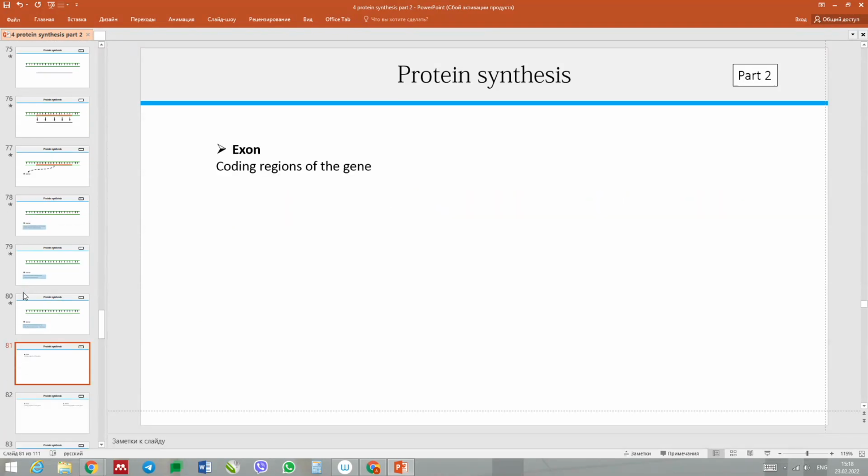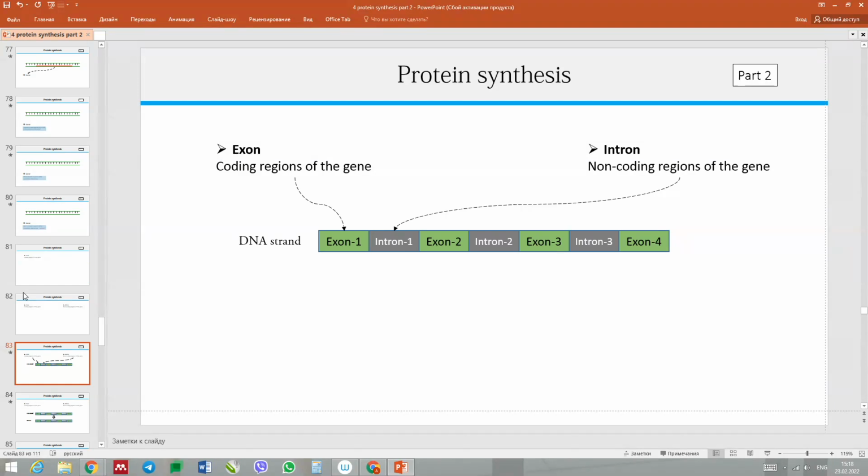So there are some regions in the gene that we call exons, and these are the coding regions of the gene, the subregions that encode information about the sequence of amino acids. But at the same time, inside of the gene there are so-called introns, and they are non-coding regions of the gene.